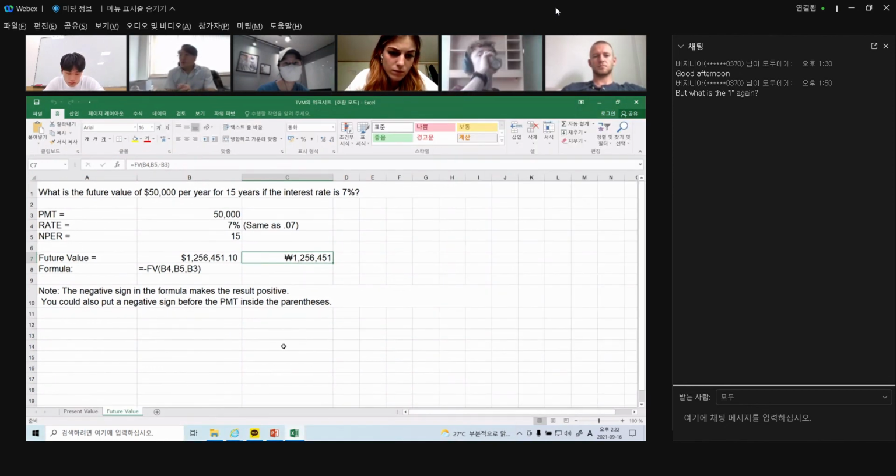This is the example of two ways to solve the problem questions using the Excel spreadsheet.